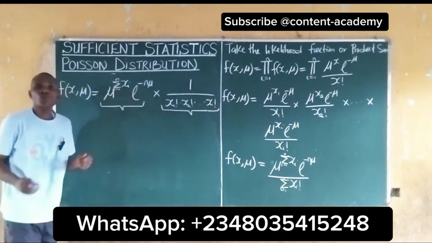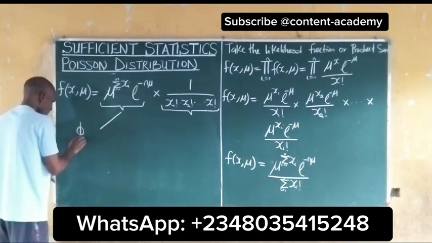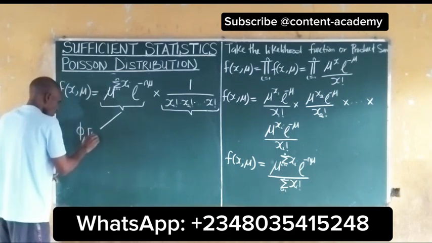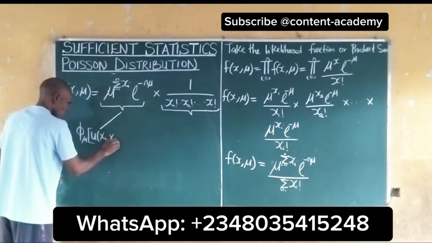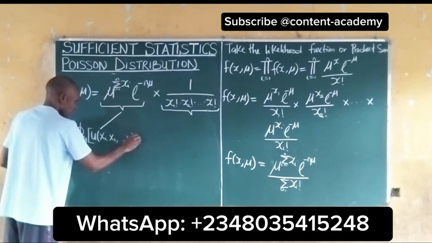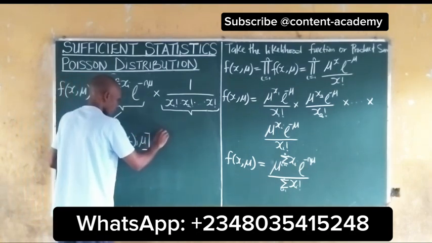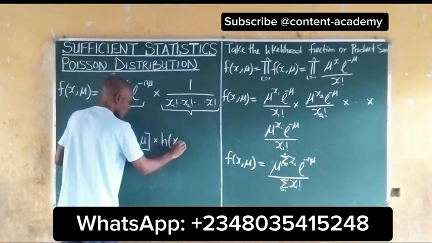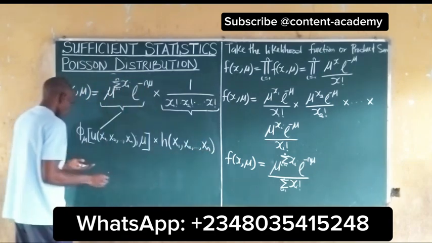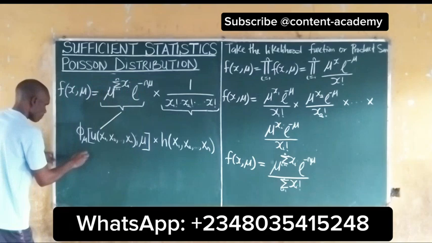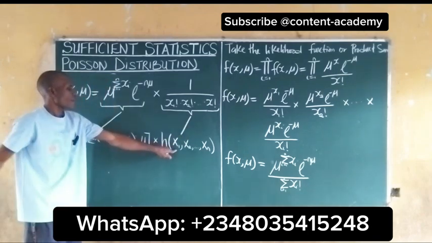So we compare it with the factorization theorem. Of course, this will give us phi of mu, u of x1, x2 to xn, then we have mu again multiplied by h of x1, x2 to xn. So we have these two components. Why can this be compared to this?